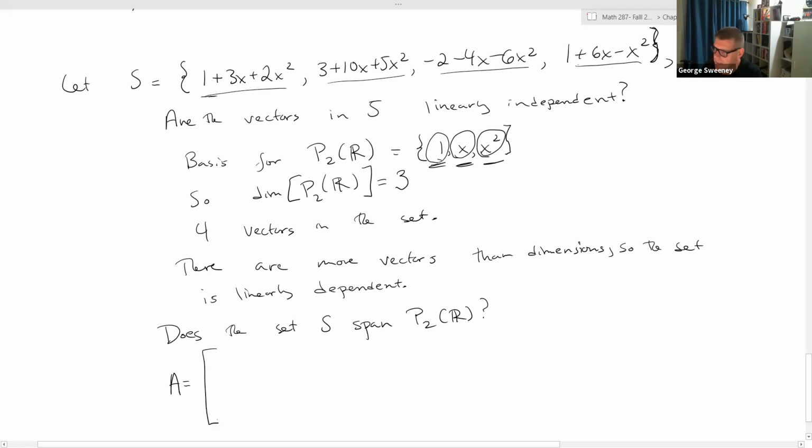We've done this before. So this is 1, 3, 2, right? 1 is the first component, 3 is the second, 2 is the third.